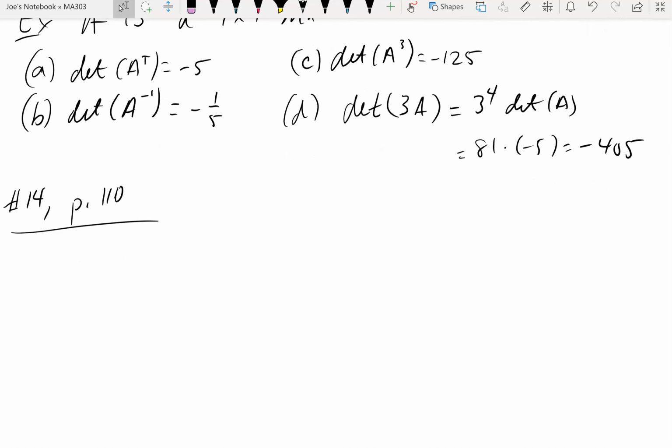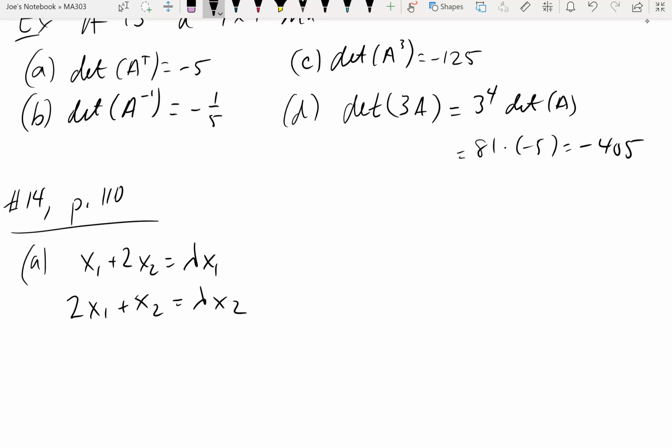In this problem, I just want to do part A. They give you a system of linear equations: the first equation is x1 plus 2x2 equals lambda x1, and then 2x1 plus x2 is lambda x2. We're going to talk about this kind of idea a lot when we get to chapter 7 later in this semester. I'm going to introduce some of the words now, but this idea pops up later, and I want to talk a little bit about why we care.